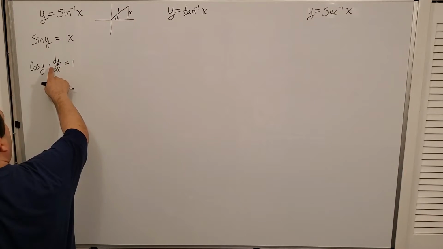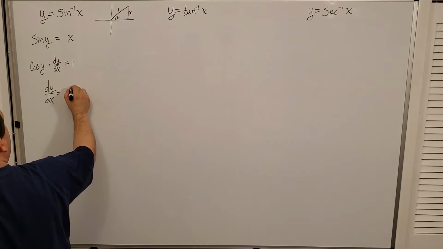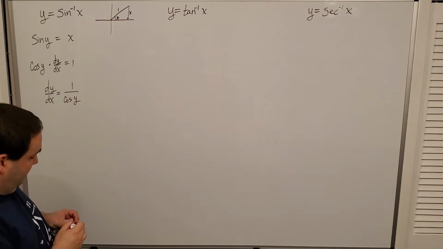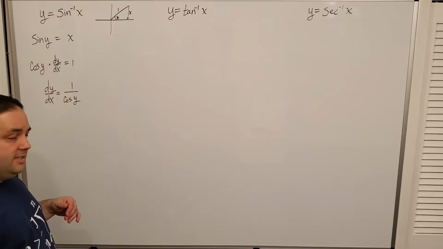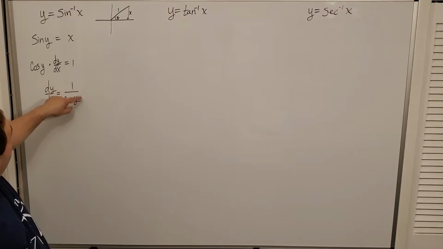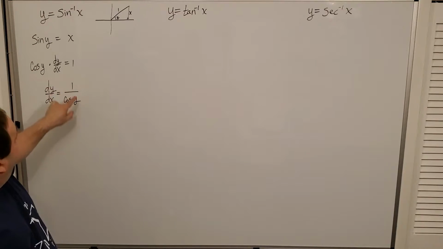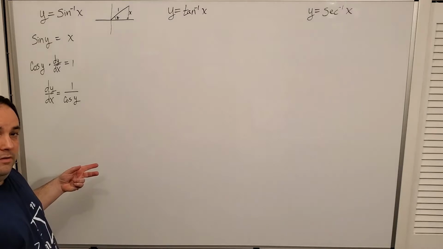Then, if I were to divide both sides here, I would find out that dy over dx is equal to 1 over the cosine of y. And that should make sense to you because that was the setup that we would see from the formula in the last scene, right? I would have the derivative of the original function, the sine, of the y value, of the inverted value.